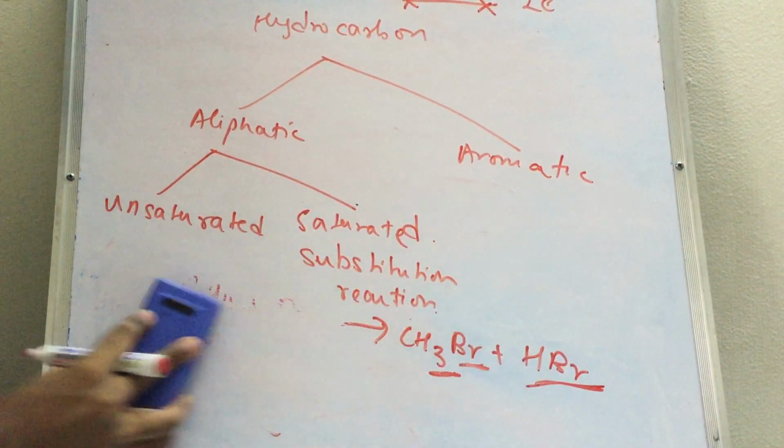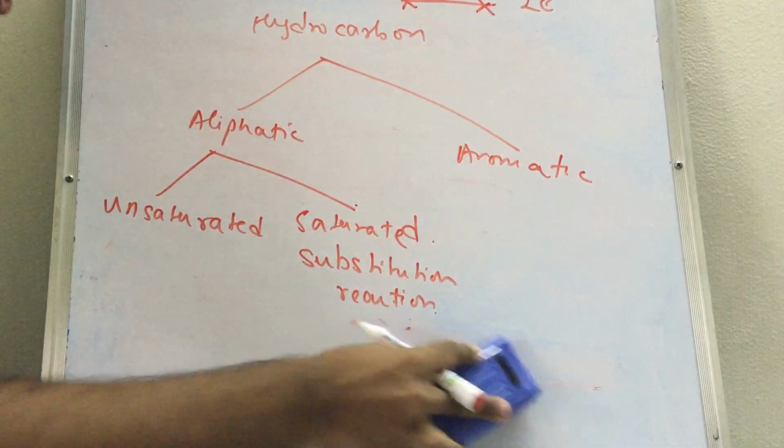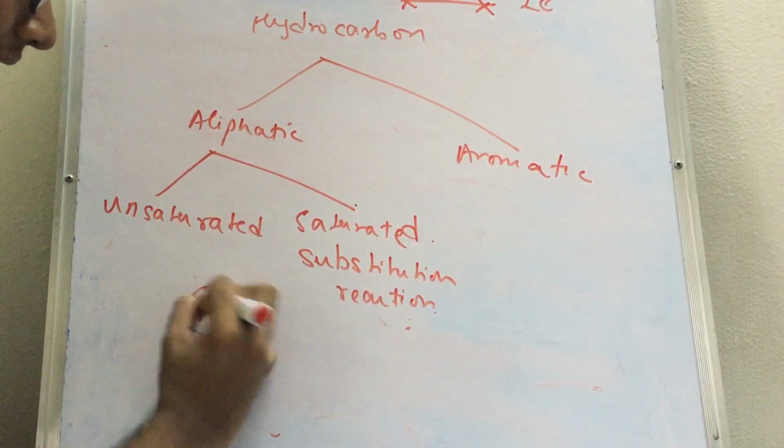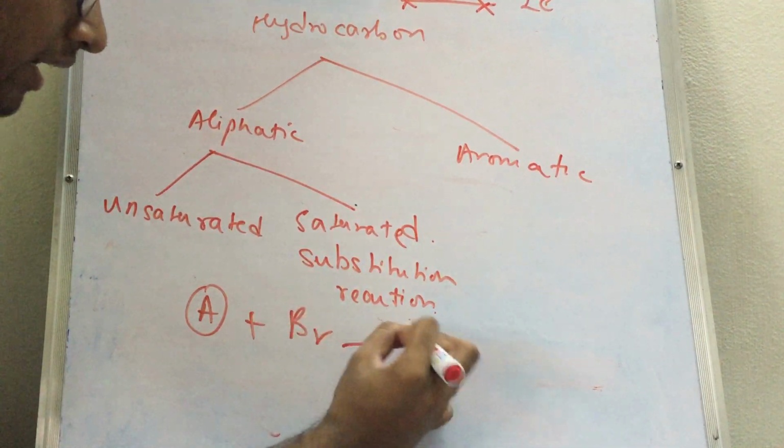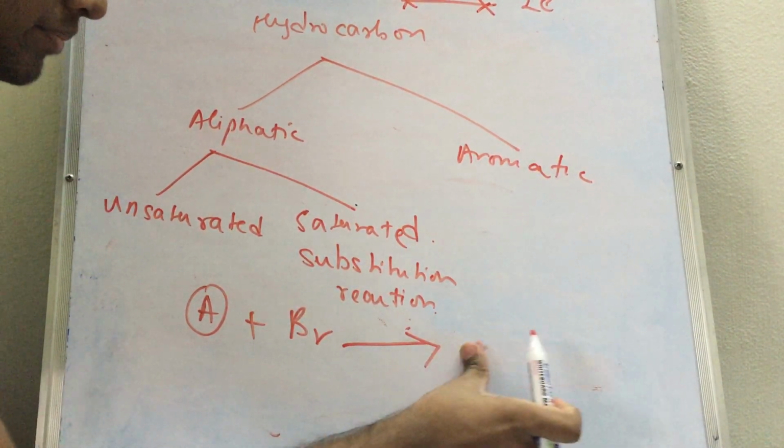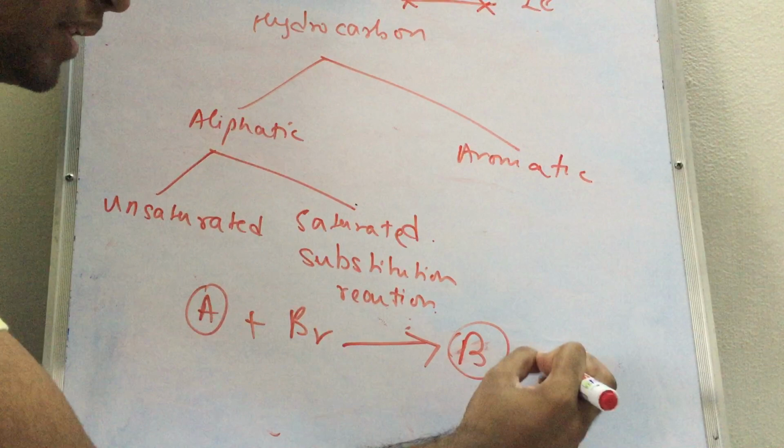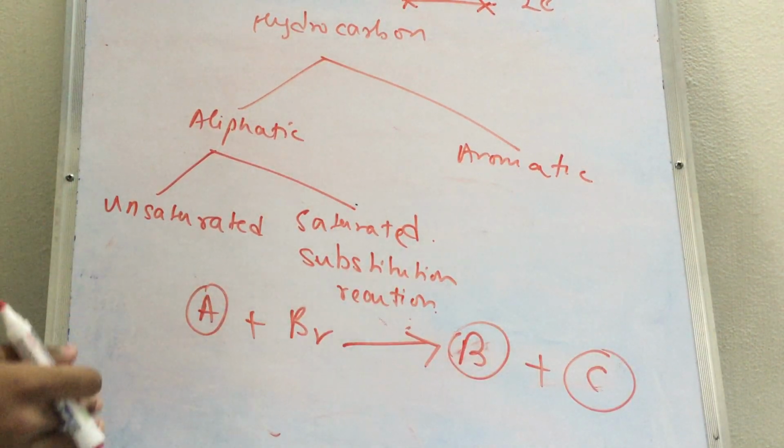Normally they might ask questions saying when compound A reacts with bromine, it gives rise to compound B plus compound C, which is a basic reaction.